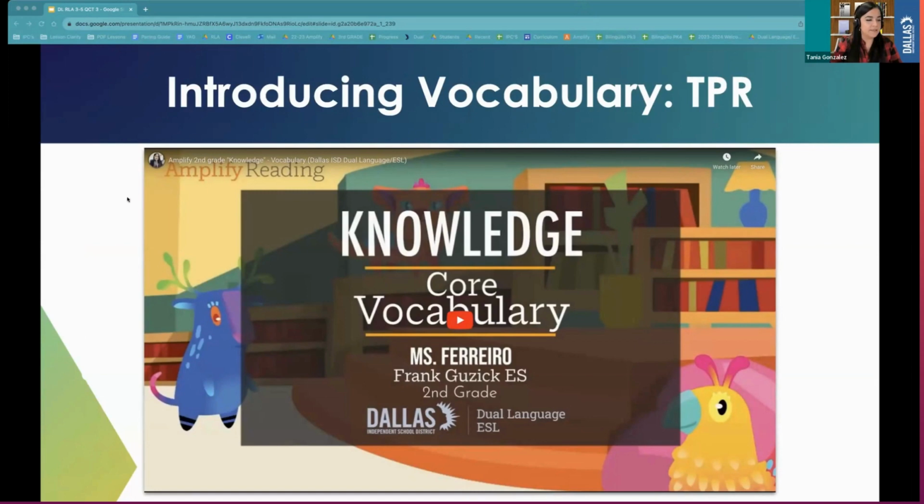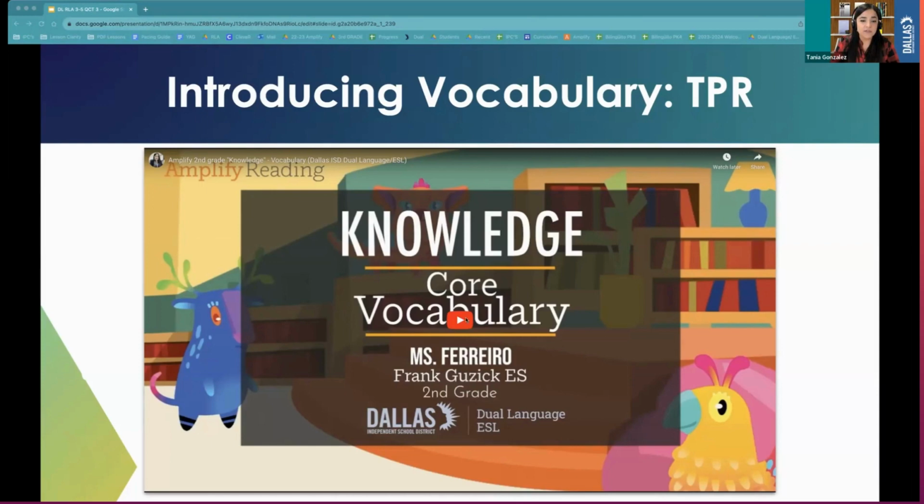So one of the engagement strategies that you can use in your classroom is called TPR. This is just an example of a strategy that you can use very easily while you're introducing your vocabulary, since almost every day you have vocabulary words.